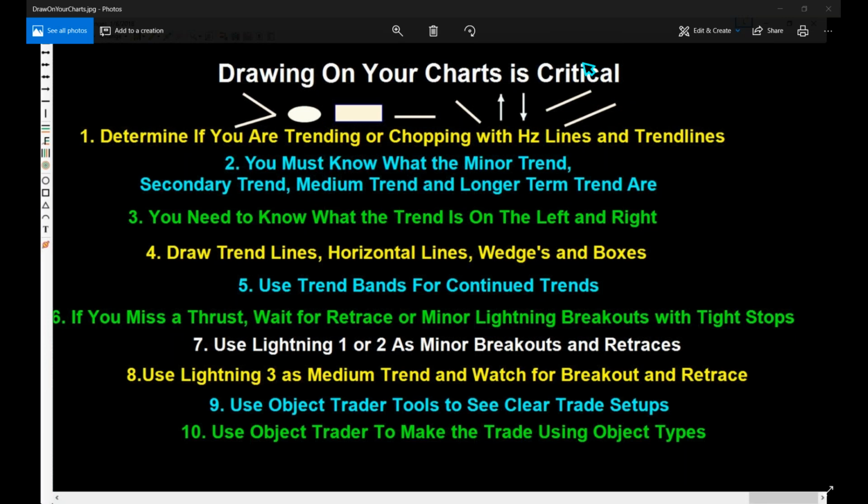If you were in the room this morning, I called a trade on gold, and it hit exactly where I said, and several did also on oil and Russell. And the way we do that is drawing on our charts. So it's extremely important to draw on your charts. I'm not going to go into all of this detail because we'll talk about that in other webinars, but be sure and pause this for a moment, if you're watching this recorded, and look at this. Okay, let me go ahead and go to the next chart.